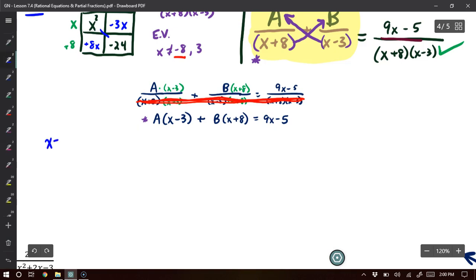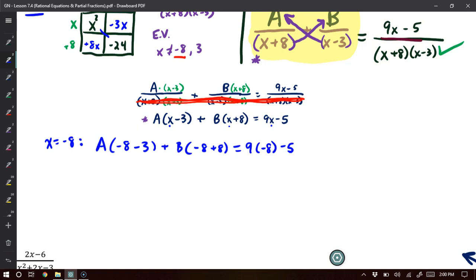So I'm going to plug in -8 for x. So I have a times -8 minus 3 plus b times -8 plus 8 equals 9 times -8 minus 5.